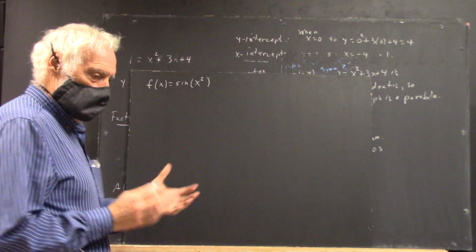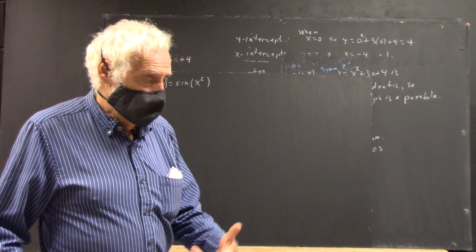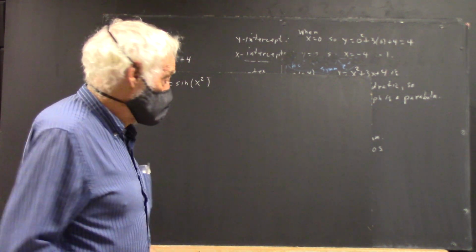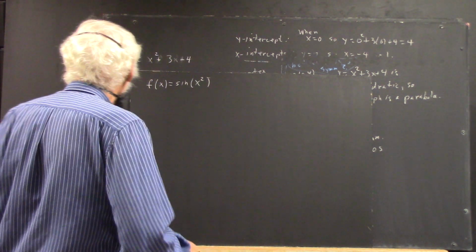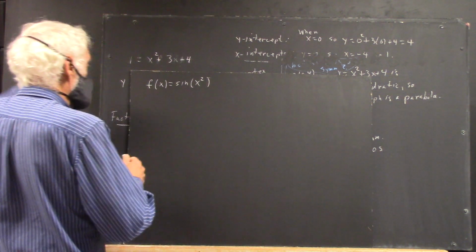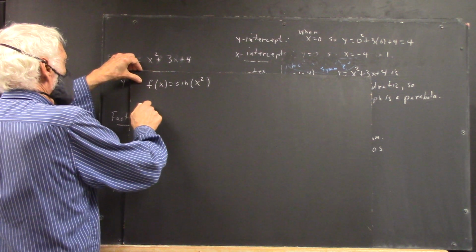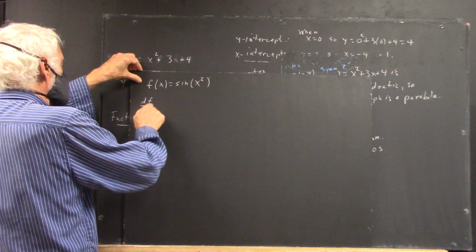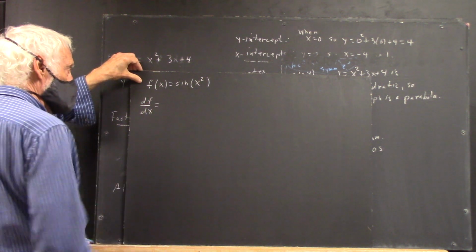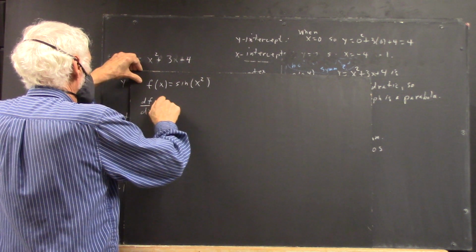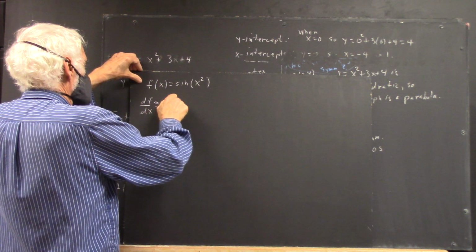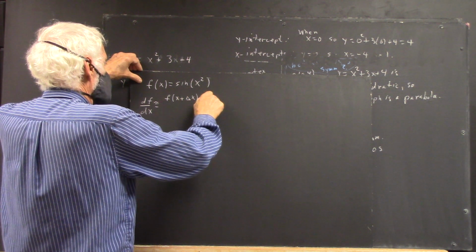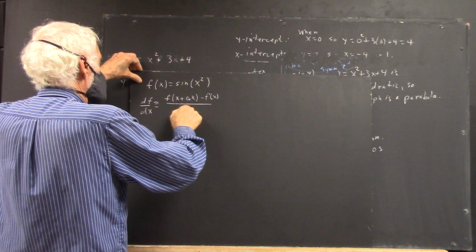I'm not going to do limits. The limits are obvious, and you can read a limit definition of this thing anywhere. It's very much the same as this, but I want to keep it as intuitive as possible. So what we have is f of x equals sine of x squared, so that df dx, that'd be your f prime of x, is approximately equal to f of x plus delta x minus f of x over delta x.